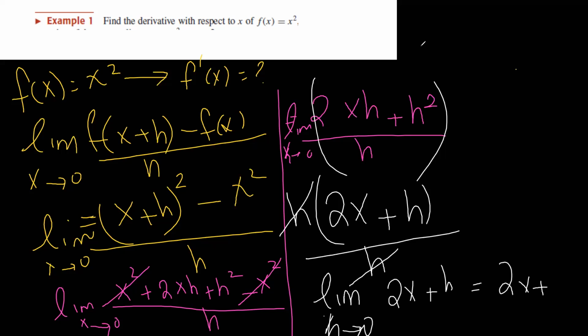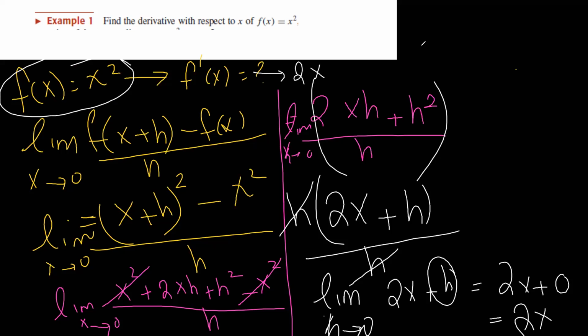Plus h, but h here is 0. So the answer is 2x. So if the function is f of x equals x squared, its derivative will be 2x.